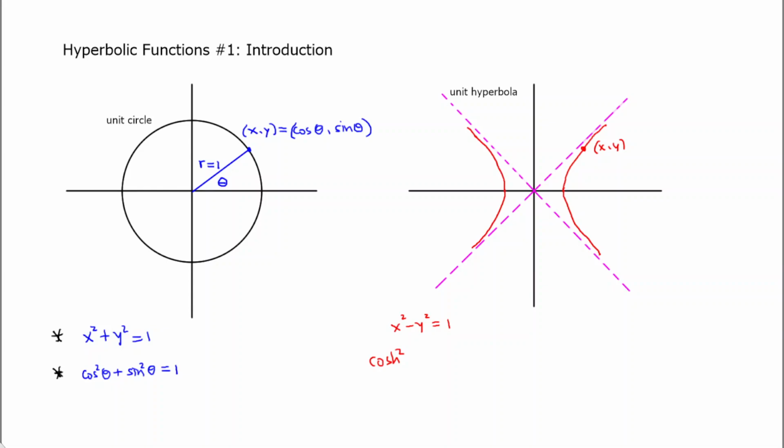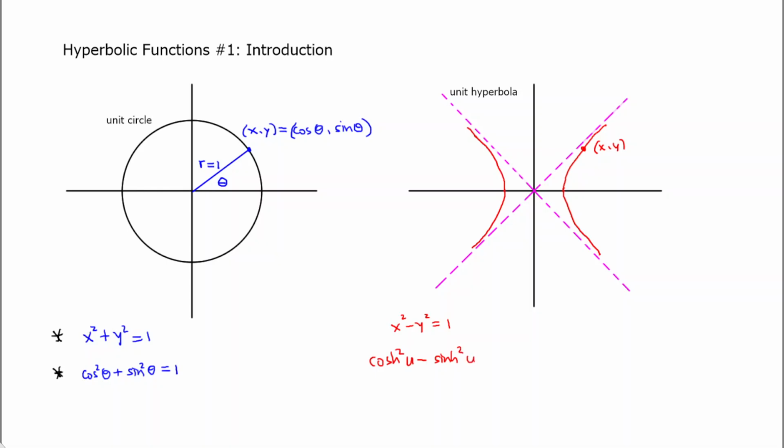And the notation is we just put an h on the end of everything. So for the hyperbolic cosine, COSH, and I'm going to use some variable u. We pronounce this often cosh, so cosh squared u, minus, and then hyperbolic sine, that is SINH.